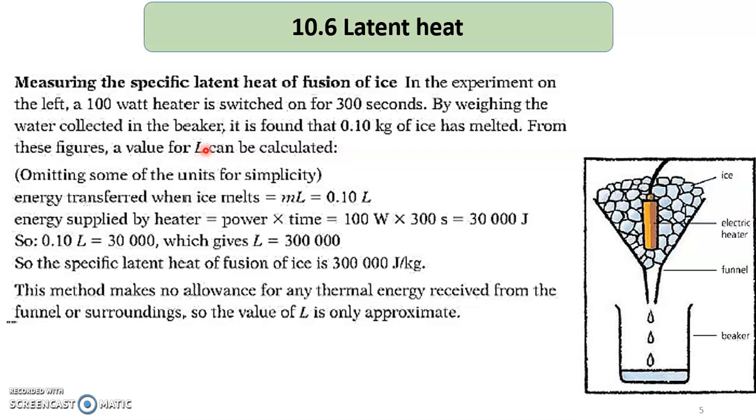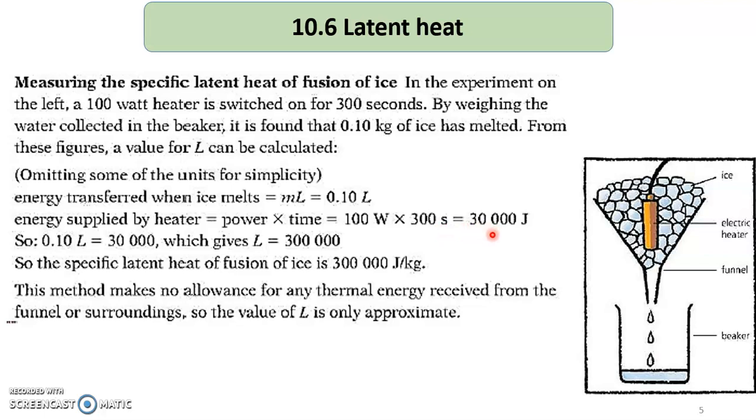So since we have power 100 watts, time 300 seconds, and mass equal to 0.10 kg, we can calculate the energy supplied first, because inside the latent heat equation we have E is equal to mL. We don't have the information about energy, but we have the information about power and time. So power times time is equal to energy, which is 30,000 joules.